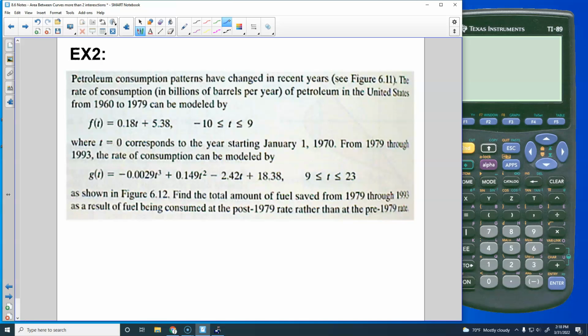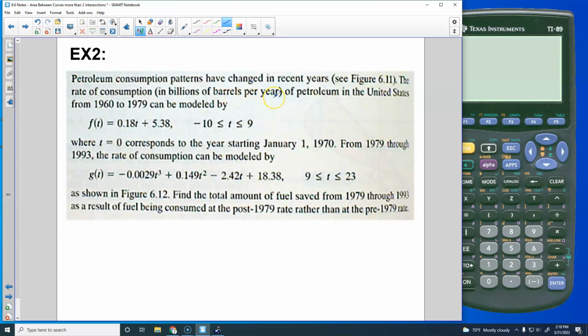I think it would be really interesting to see the same patterns for today because I think you're seeing a lot of differences in fuel consumption patterns in society now because you have more fuel efficient vehicles and electric vehicles, but you also have a growing population, so it'd be interesting to see what's happening. But from 1960 to 1979, this linear equation is modeling the consumption in billions of barrels per day.